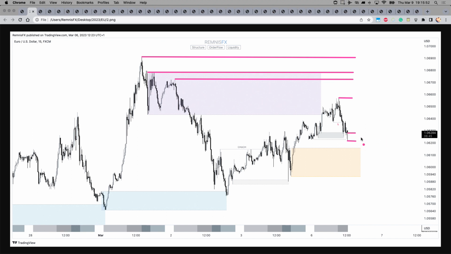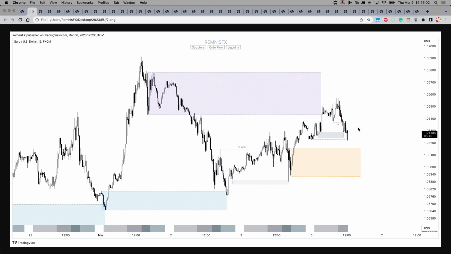But it's not wrong to get out here because we don't know if price will go any higher, right? That's why it's basically up to the trader itself, right? But more important than identifying your TP is obviously your entry, right?